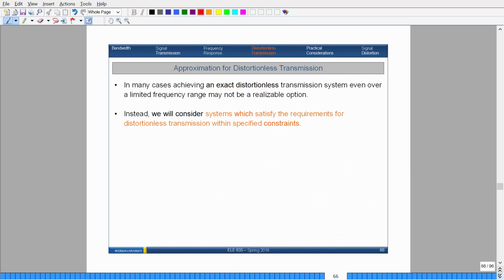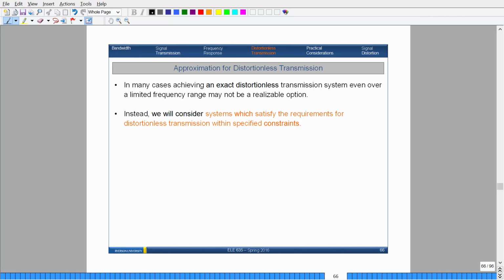Okay, so in many cases, even if you confine it within a certain range, even though it's a little more realizable, exactly achieving the distortionless case is unfortunately still not realizable with all the electronics that are around.